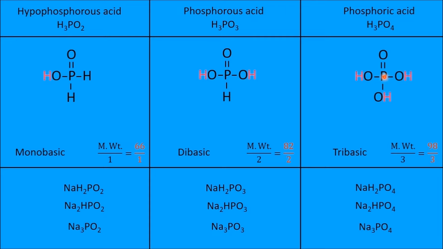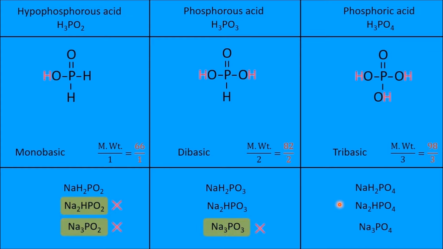Shall we take the last one? See, all are removable because all are polar hydrogen atoms, so the basicity is 3. So how many are removable? 1 is removable, 2 are removable, 3 are removable. See at a glance which salts are possible and which salts are impossible.